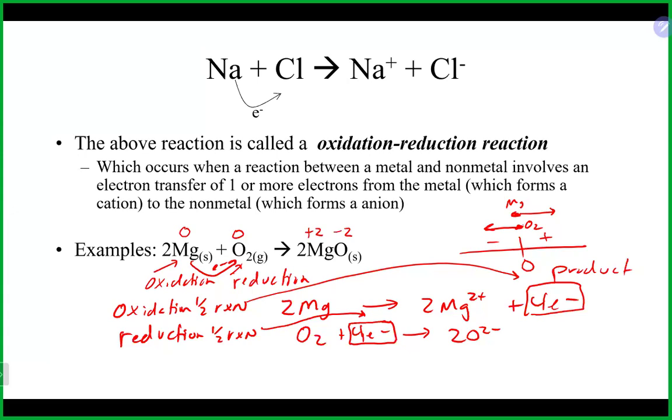There are 2 magnesiums in this equation. So that's why there's 4 total electrons being lost, 2 from each magnesium. And oxygen is gaining 4 electrons because oxygen ends up with a minus 2 charge, which means it's gained 2 electrons, and there are 2 oxygens in the second reaction. So again, that's why there's a total of 4 electrons happening here. Any questions on that there?